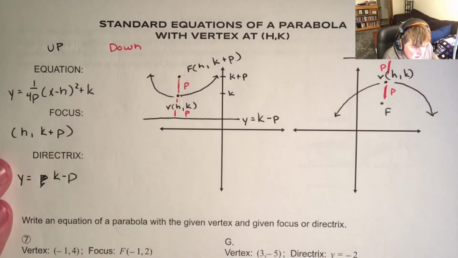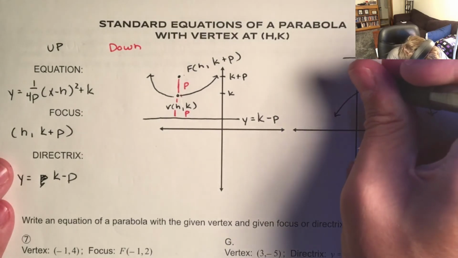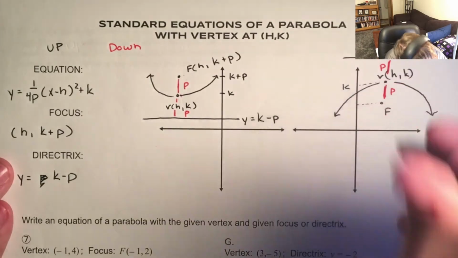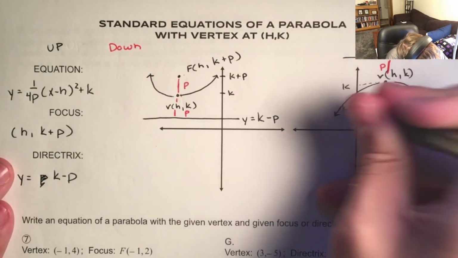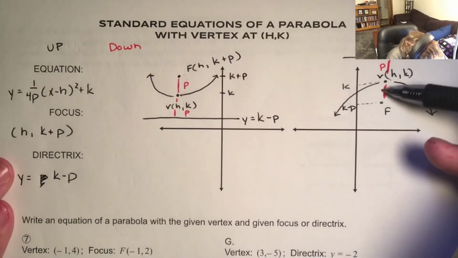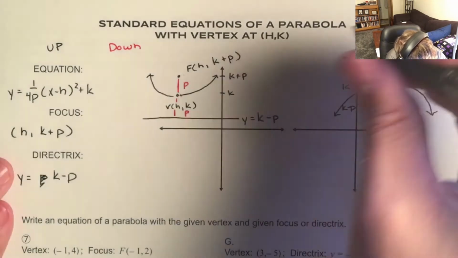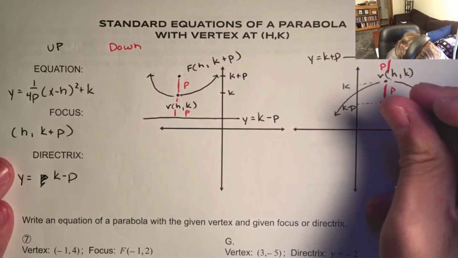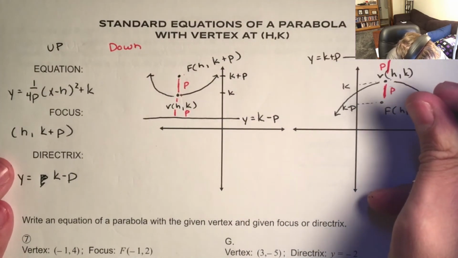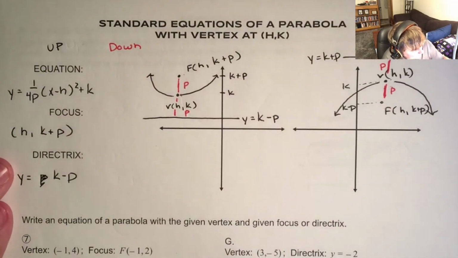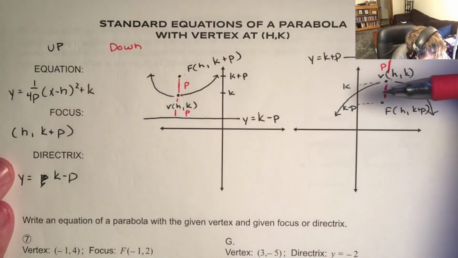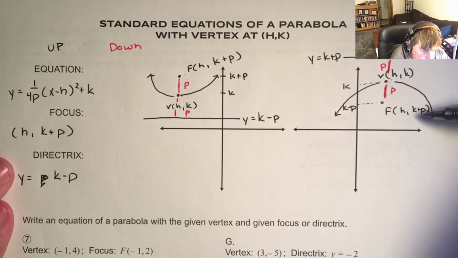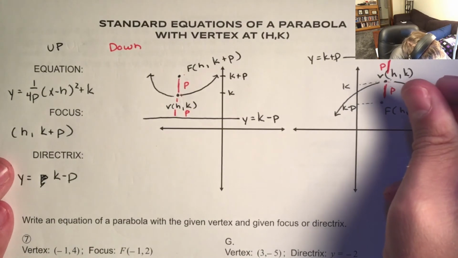So if this has a value of k, this here would have a value of k minus p. This focus would be (h, k minus p), because if I'm lowering this distance by p, it's going to be k minus p. I think I put plus, but this is minus.